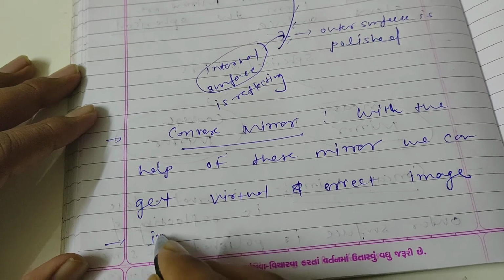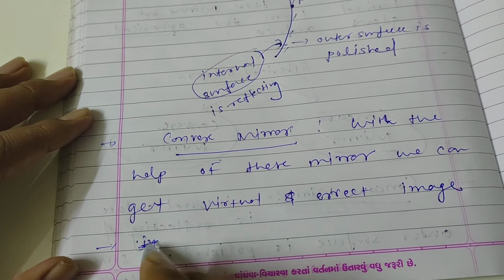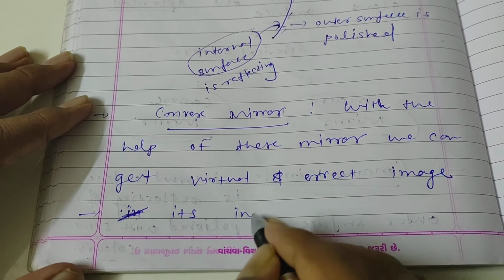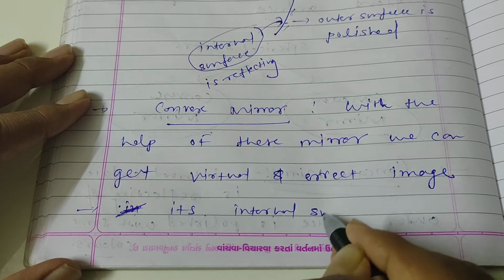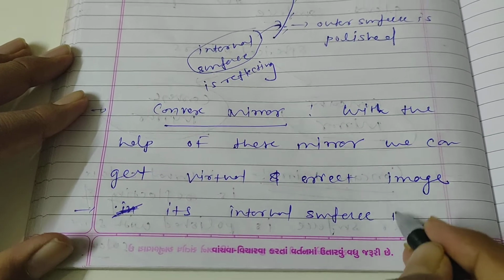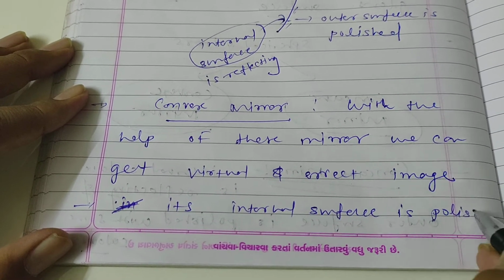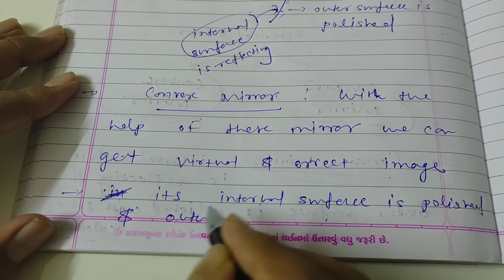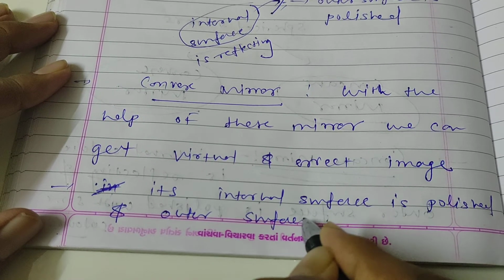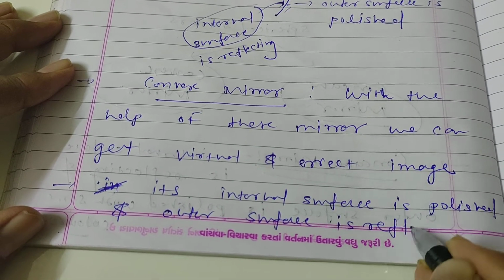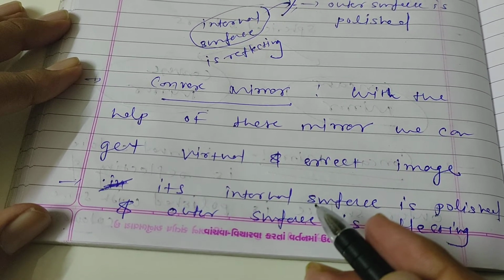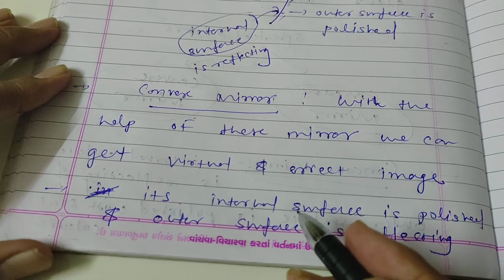The internal surface is polished and outer surface is reflecting. That is the major difference between concave mirror and convex mirror. Now we will go on a second page.